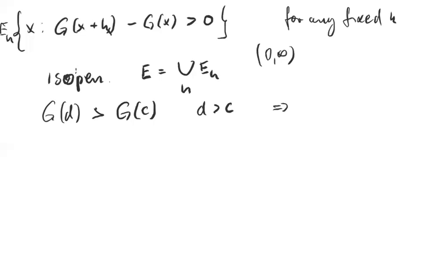That implies there exists a c prime between d and b_k. That's the intermediate value theorem. So b_k is less than c prime, less than d, this way, the other way.